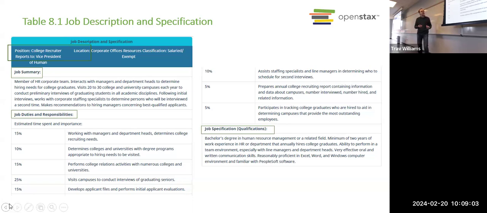Some of them are short, but this would be a typical sort of job description where it tells you the title of the position. Sometimes it tells you who you would report to, where it's located, because you need to know where you'd be working, a summary of the job, but then more specific responsibilities.